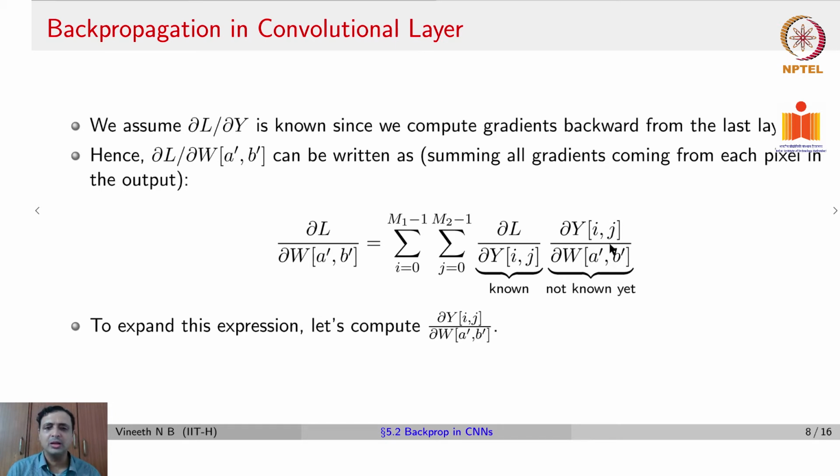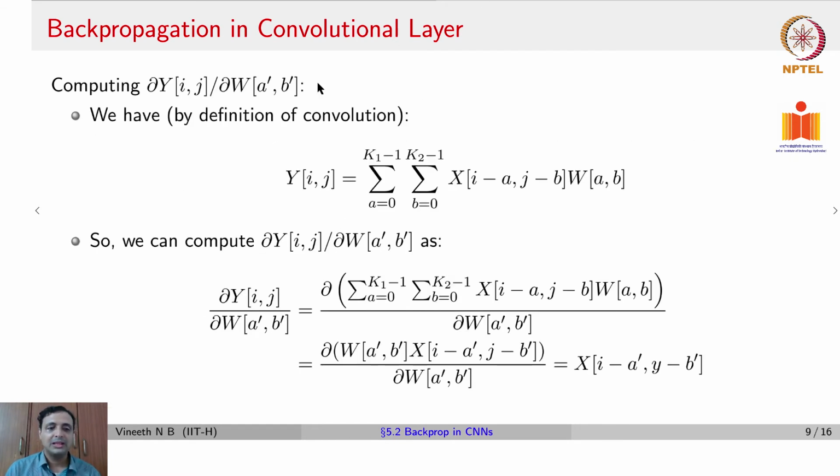That's the quantity that we now have to compute for this overall gradient of loss with respect to W at (a', b'). By definition of convolution, once again, Y_ij follows from the standard definition of convolution. This K1, K2 are the filter sizes, and this is your first principles definition of convolution.